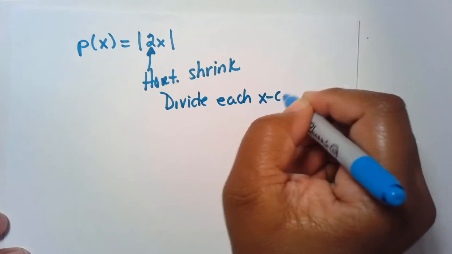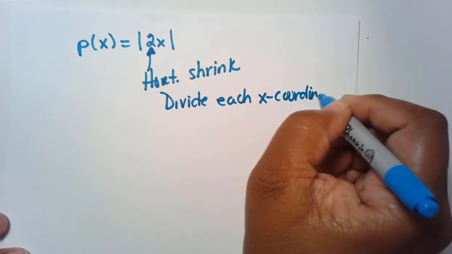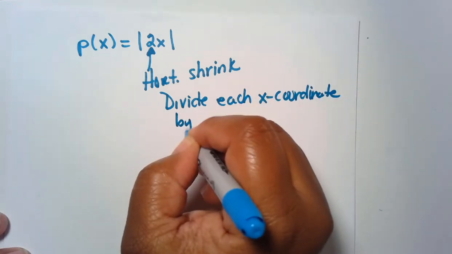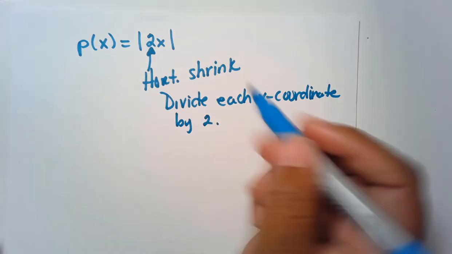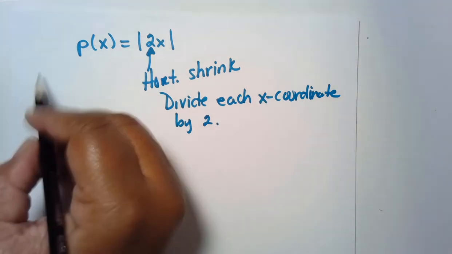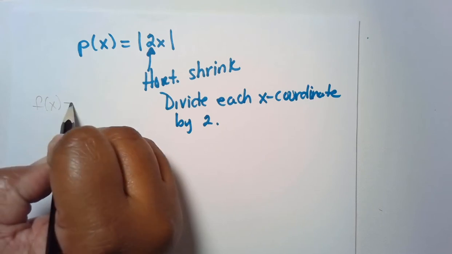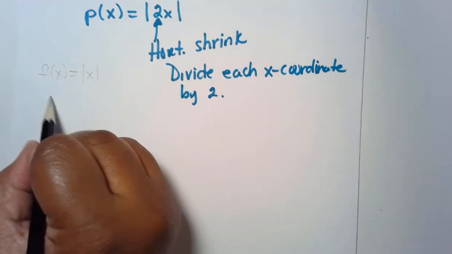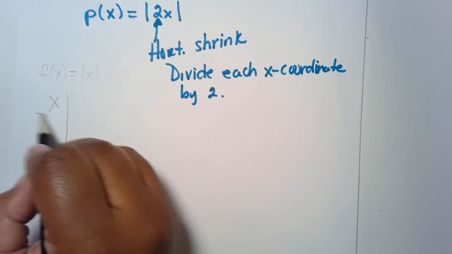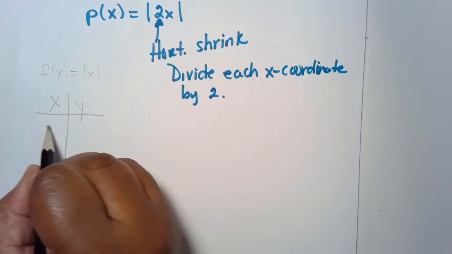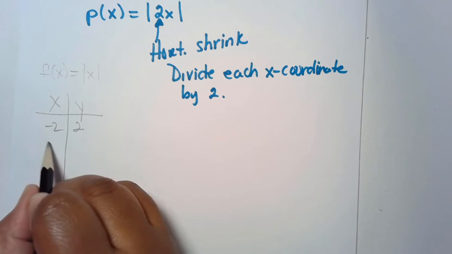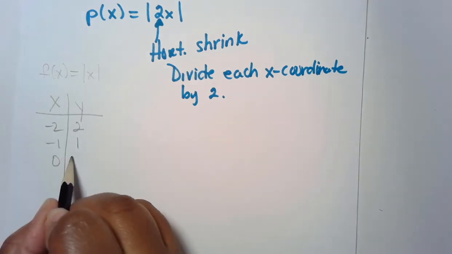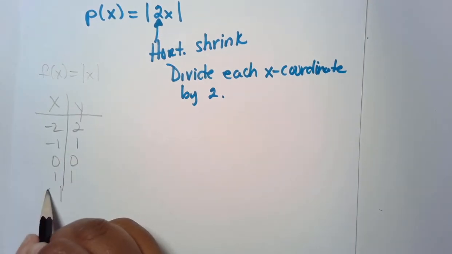Here's our original table again: negative 2, 2, negative 1, 1, 0, 0, 1, 1, 2, 2.